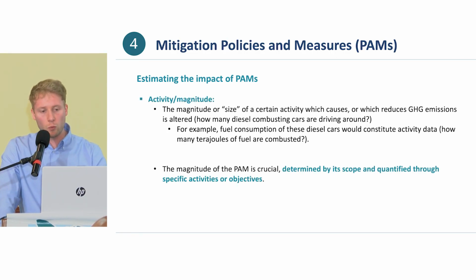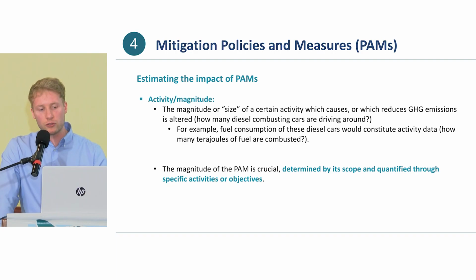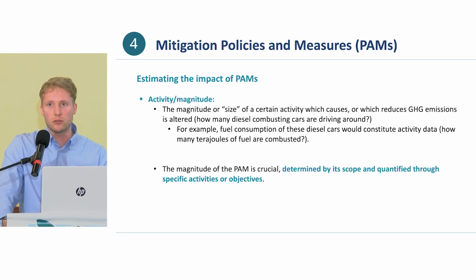So that would not change the energy demand in the country. It would not change the magnitude, how much electricity we're needing, how much electricity we produce, but it would change the emission factor because we're using a different source to basically produce the electricity, like a lower emission factor of natural gas compared to coal. So that would be the example of an emission factor change, but we can also change the activity, the magnitude.